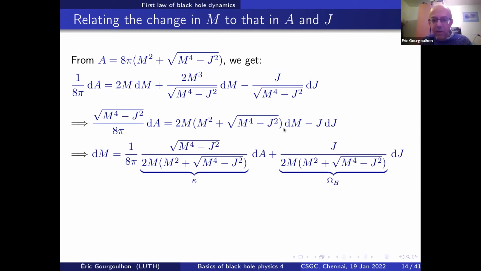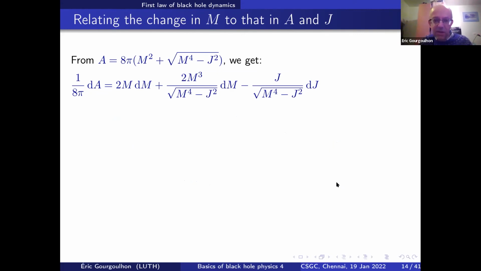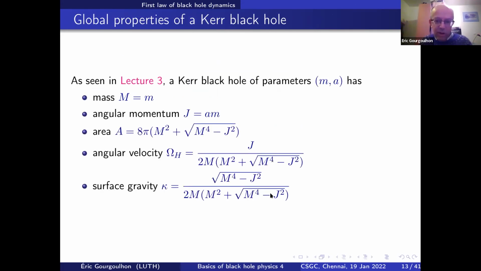If we single out dm from this formula, we notice that when we perform the division by this term, what appears in front of dA is nothing but kappa, and in front of dJ it's nothing but omega h. This is just because of these formulae here.